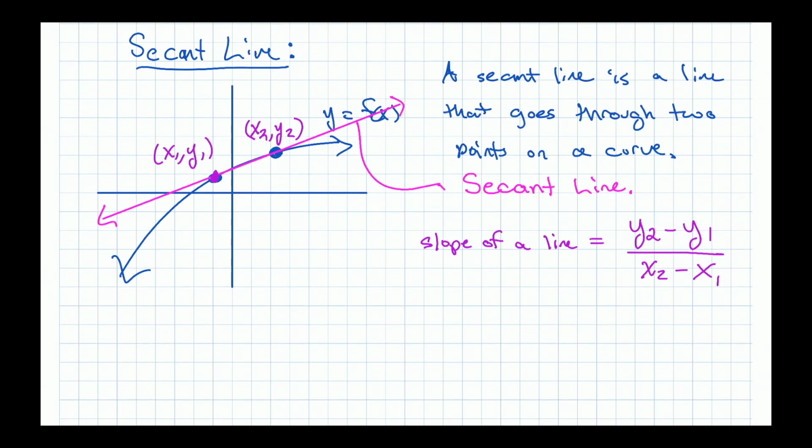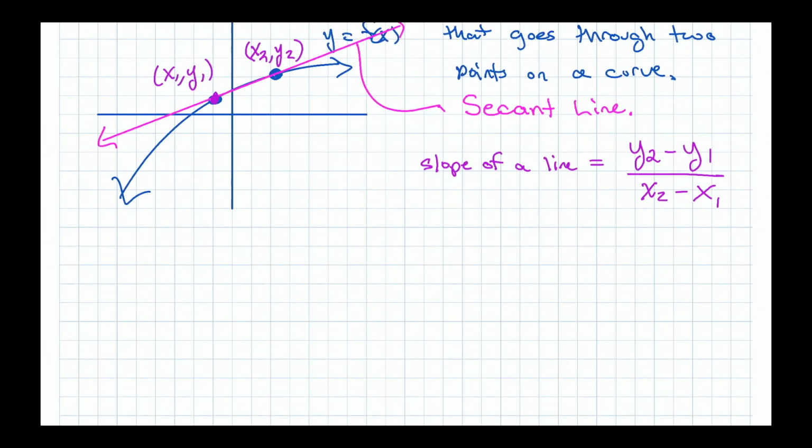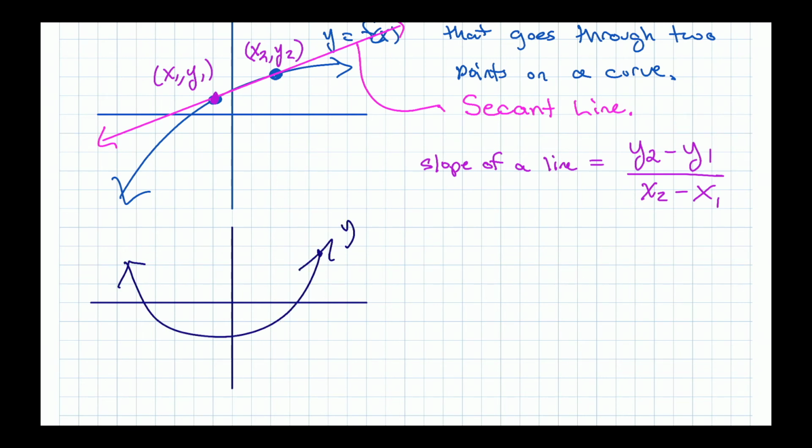However, on a lot of these, you're going to have your functions called y equals f of x. In that case, let me draw a different one here. I'm drawing a different shape, it doesn't matter. f of x like that. If I want to put a secant line on here, I'm going to put it here and here. Again, those are 2 points. There's nothing special about it going through 0.